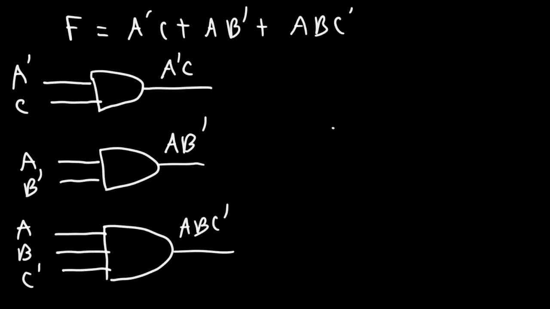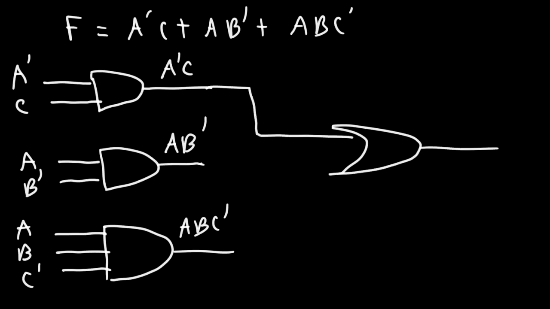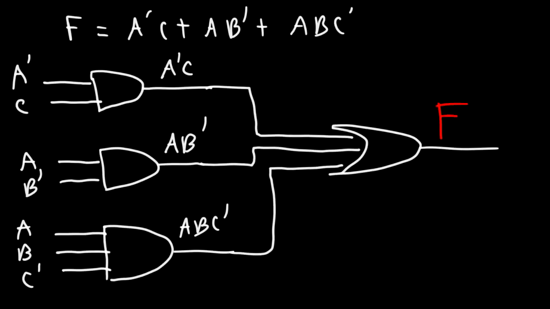Now we need a 3-input OR gate. So then this will give us the output function f. And so that's how you can draw the logic circuit for this particular function.